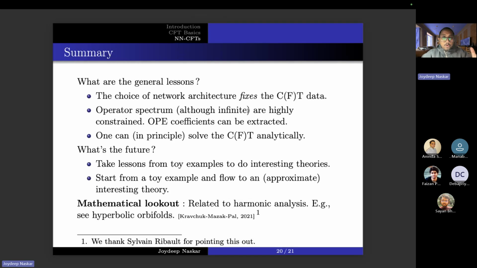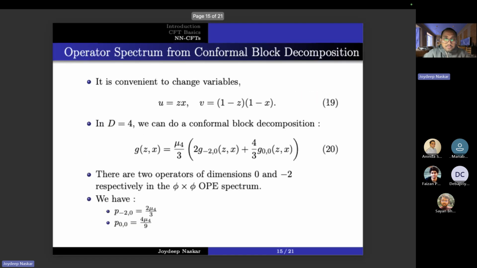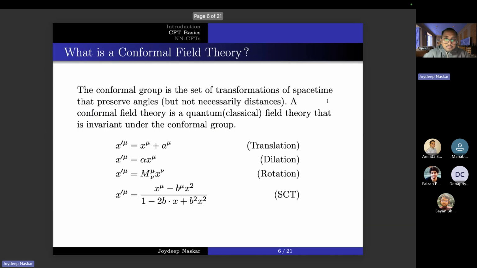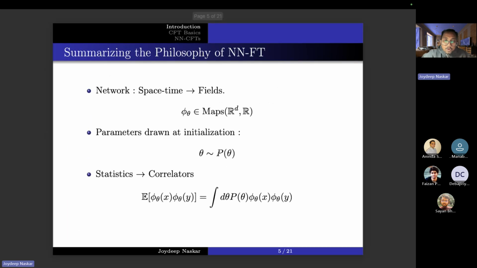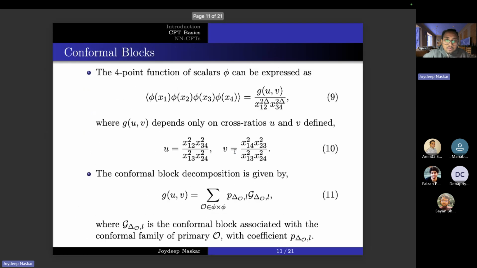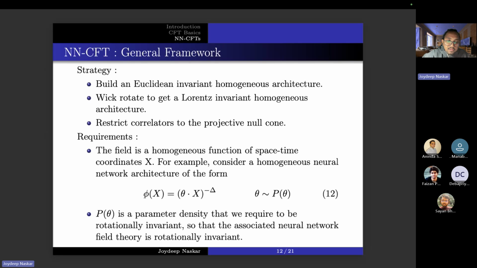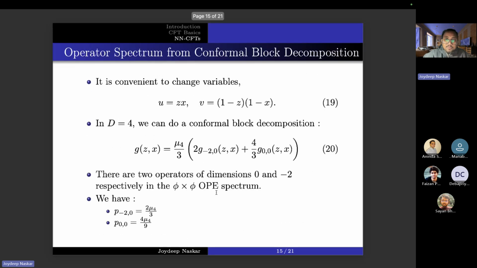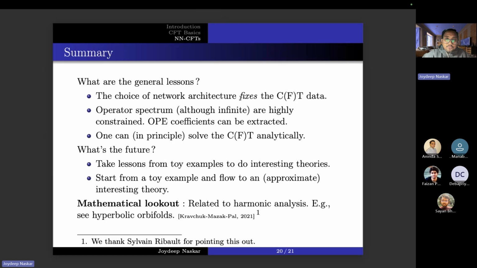So what are the general lessons from this example? What do we learn here? The first thing is that the choice of the network architecture fixes the CFT data. What I mean is that how I define my p of theta and my architecture, even if I took something very complicated and nested that still has the scaling, that construction will in principle fix the CFT data.